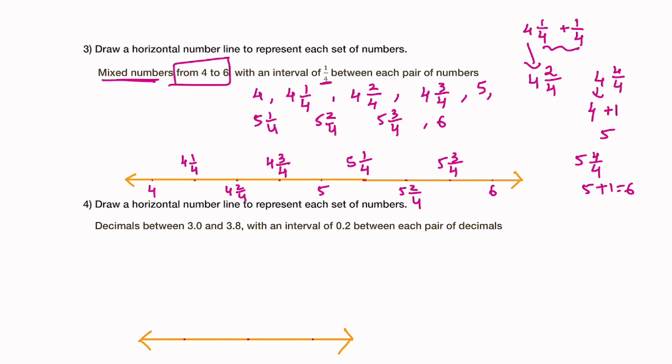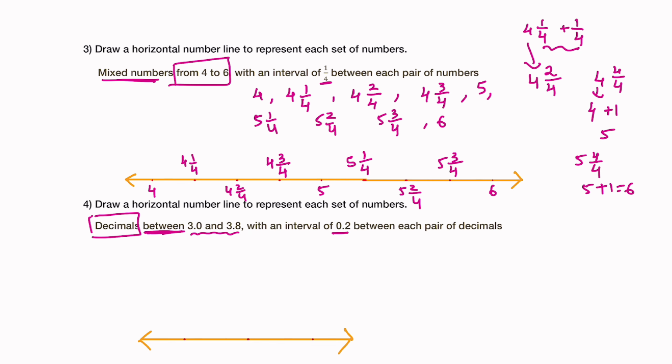Okay, so this is how we represent them. The next we have is decimals between 3.0 and 3.8, and these are decimals with an interval of 0.2 between each pair of decimals.